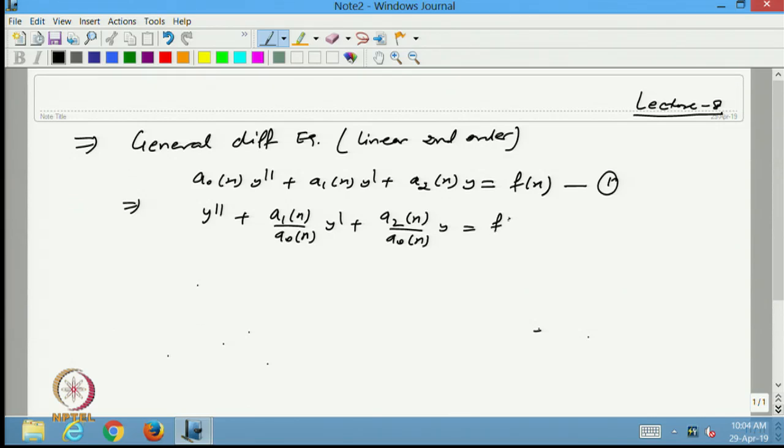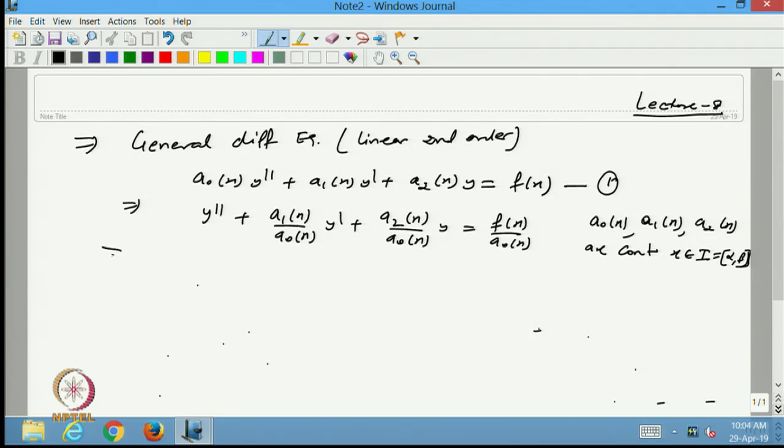y is equal to f x over a naught x, provided that a naught x, a1 x and a2 x are continuous functions for x belonging to the interval alpha beta.